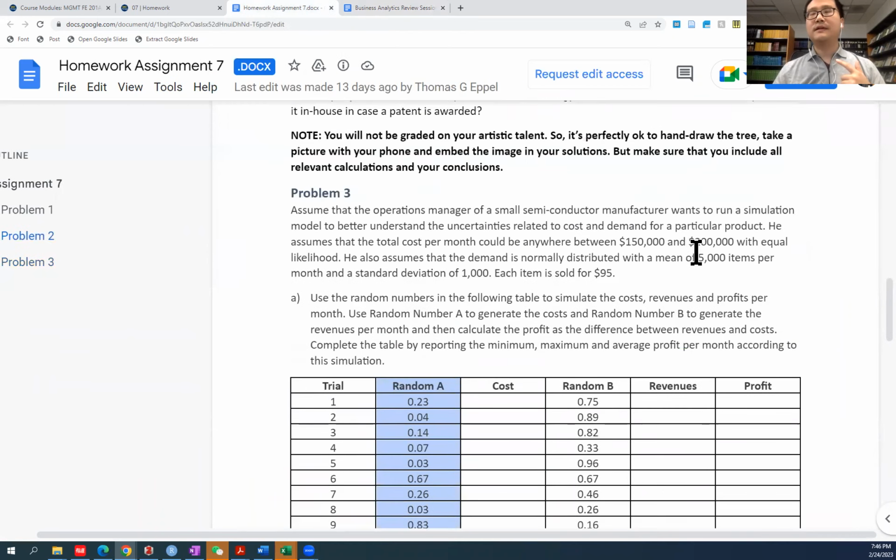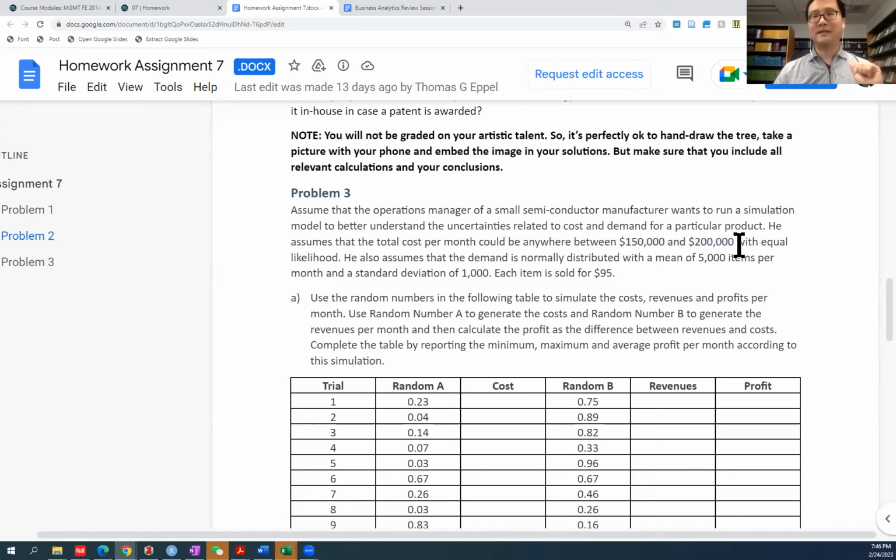We also know the distribution of each of them. Note that it clearly says the cost per month is anywhere between these 2 values with equal likelihood. It means that we are seeing a uniform distribution. This uniform distribution means that any value between the minimum and maximum has equal likelihood.